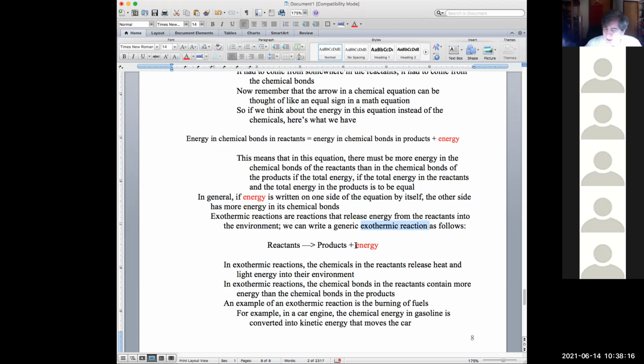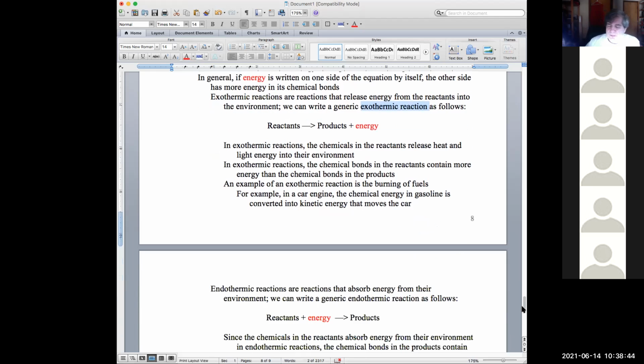When your muscle cells carry out certain reactions, they use energy that they then convert to movement. Your muscles move your body. So this is something called kinetic energy. So when we have an exothermic reaction, the products have less energy in their chemical bonds than the reactant started out with.